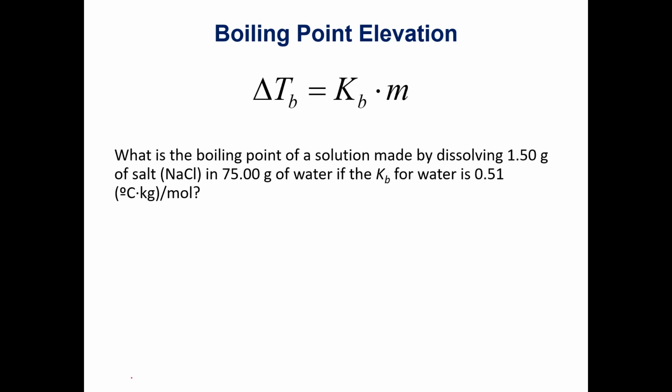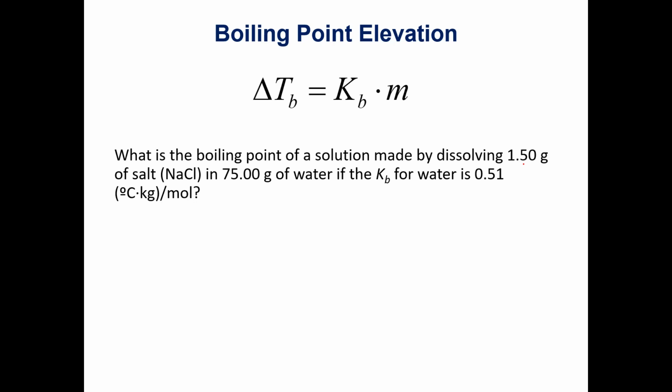The first thing we need to know is the molality of the solution. To calculate that, we need to know the number of moles of salt, and we need to know the kilograms of our solvent, which is water.